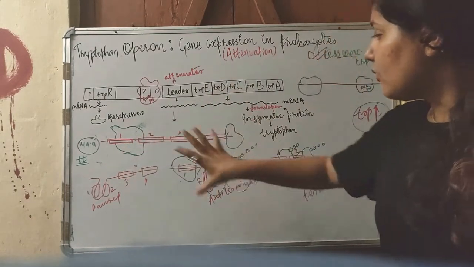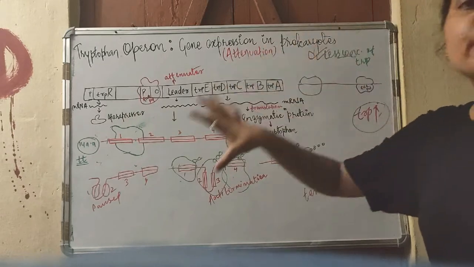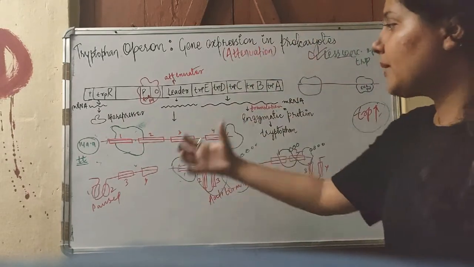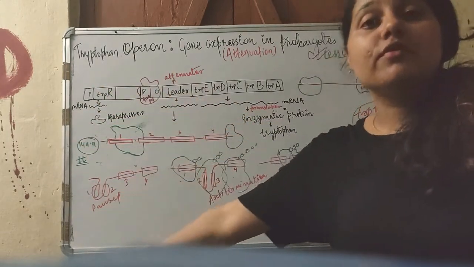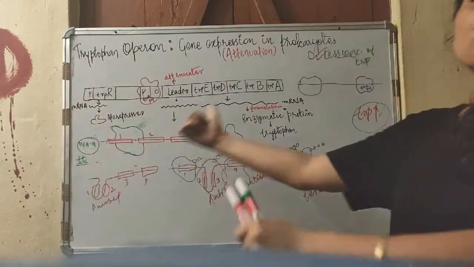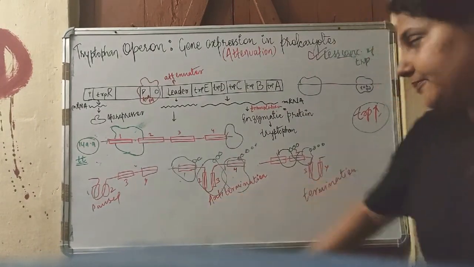Now when the anti-termination hairpin loop is formed, the process will continue, right? Because the polypeptide has not been synthesized much, as there was a low concentration of tryptophan, the cell wants the process to continue, so the anti-termination hairpin loop is there.